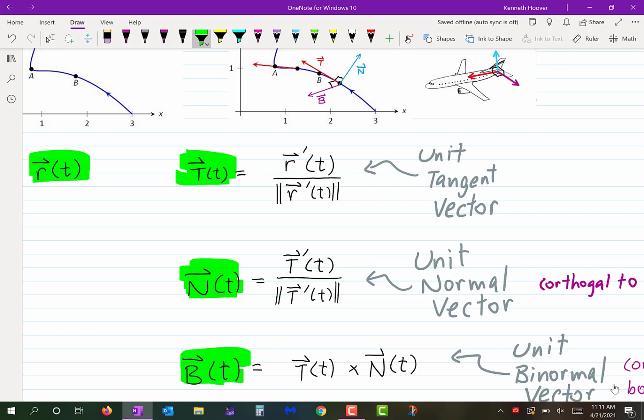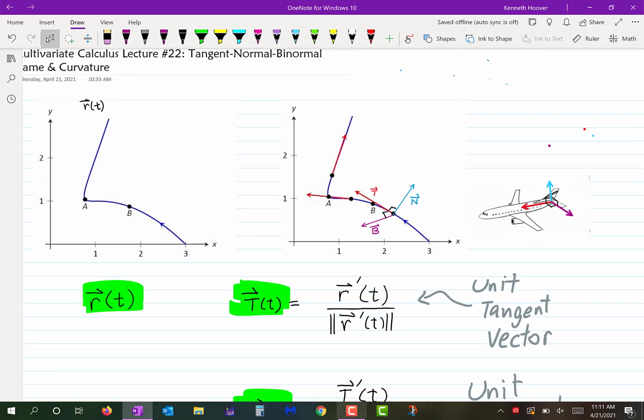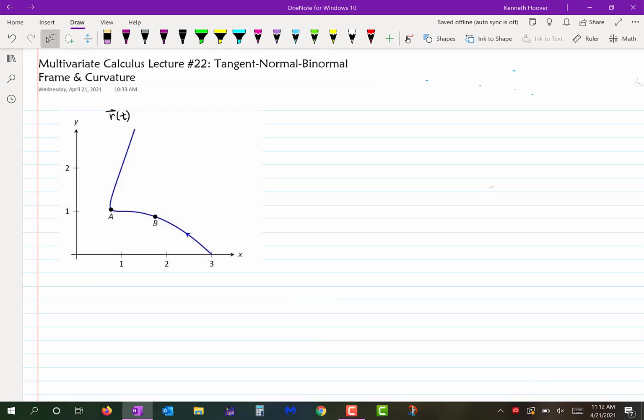Now, one more thing. This is a new topic. We want to talk about something called curvature, which is a number that you use to measure how tight turns are.